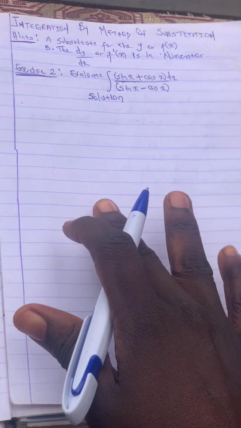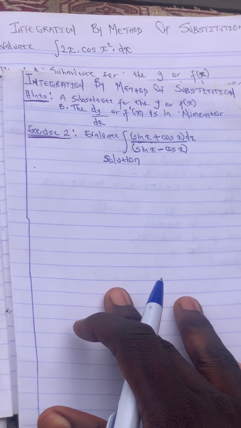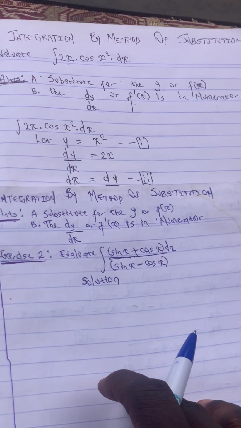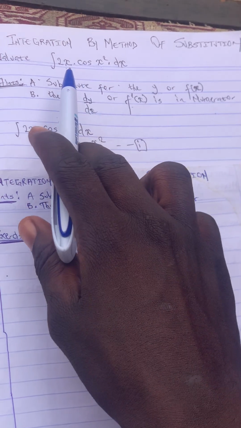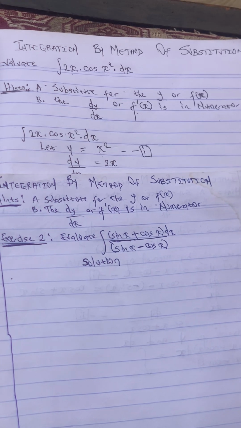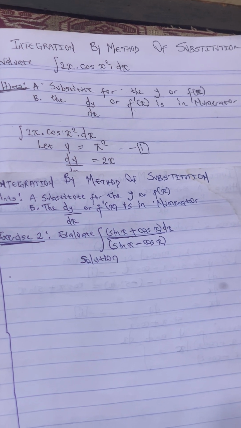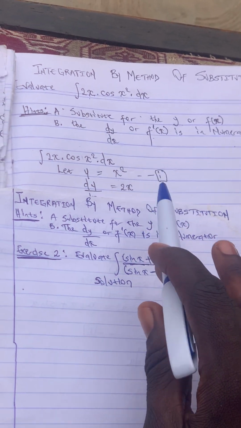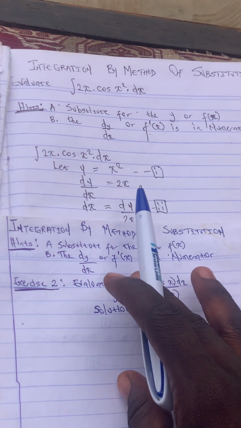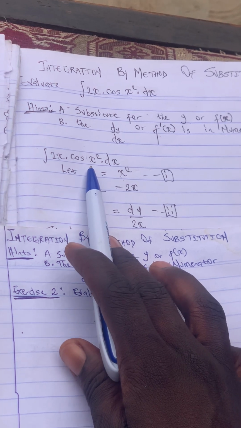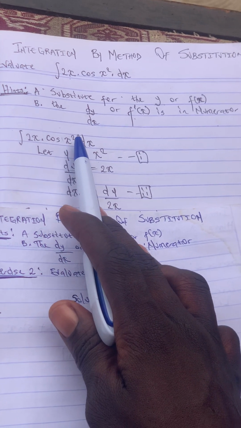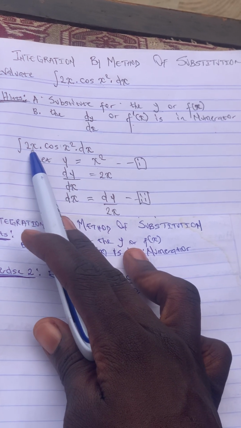Now in the last example I solved, I'll be making reference to that example in solving this example. We have integrating 2x cos x raised power 2, and here I said substitute for the y or f of x. Here I substituted for x squared because x squared seems like the y, and this looks like the dy dx.